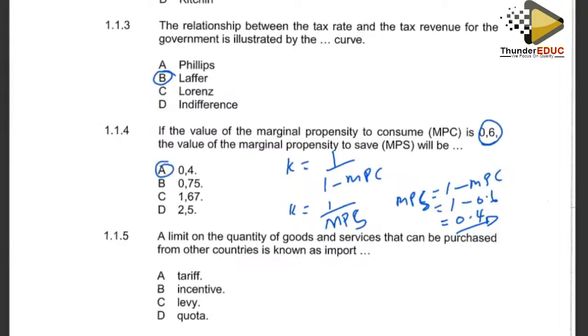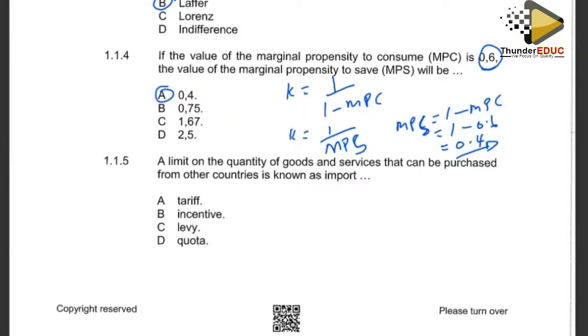Okay, right, grade 12s. So now moving on to the next question, grade 12s, we have 1.1.5, and 1.1.5 reads as follows. A limit on the quantity of goods and services that can be purchased from other countries is known as import dash. Okay, right, grade 12.